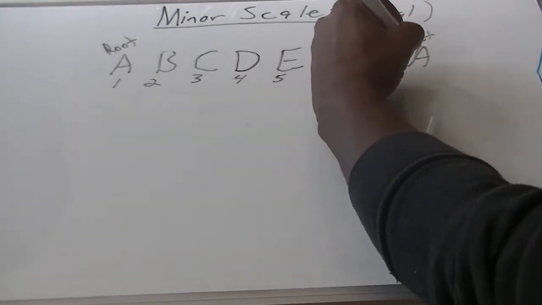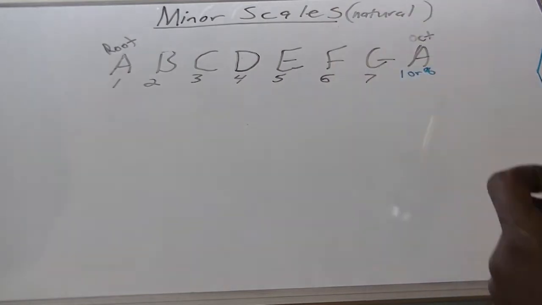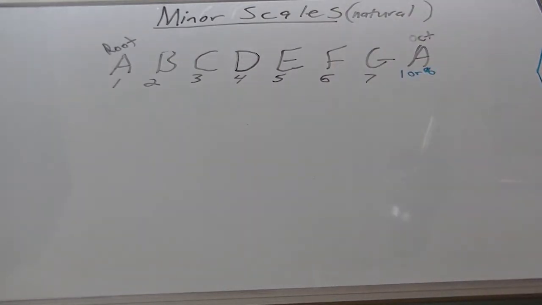So anyway, this could be referred to as 1 or 8. Now we have our A minor scale. For anyone who is not familiar with scales, scale tone chords, or keys, I suggest you go back and watch lesson number 3.